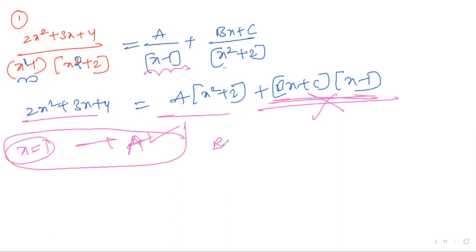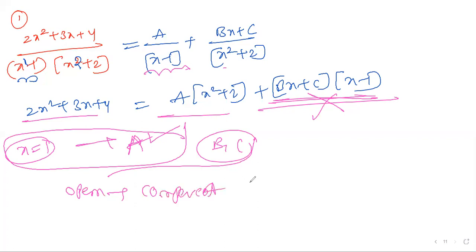For finding the B value and C value, there is no alternate option. We have to open and compare coefficients, and you will get the answers for B and C. When you are doing your relations, A, B, C will come. Please substitute the A value, then only the equation will become easy for you. Okay, clear? Yes, sir. Anything else, please let us know immediately.